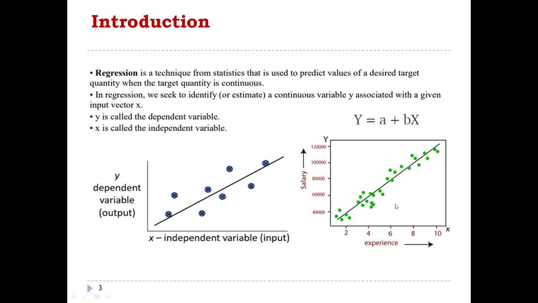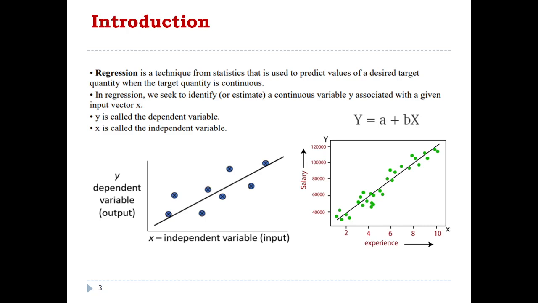So here we use a formula y is equal to a plus bx. x is nothing but the experience and y is nothing but the salary, and a and b are nothing but the linear coefficients. So based on these regression techniques, we can plot a graph by using these data points and a line, and this shows the relationship between the parameters we have used in this data set.